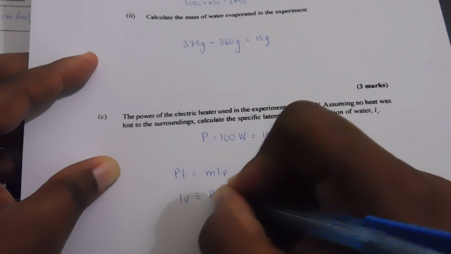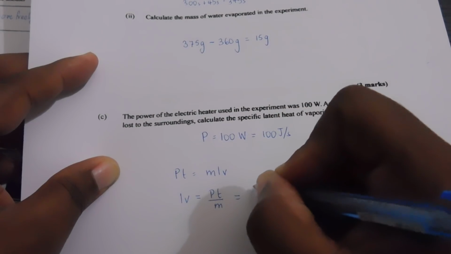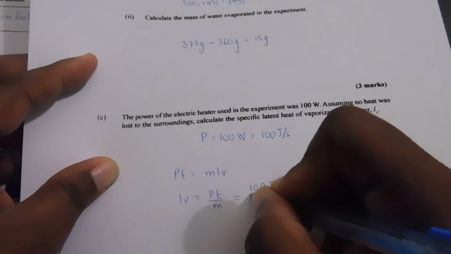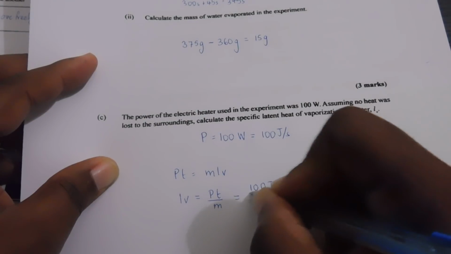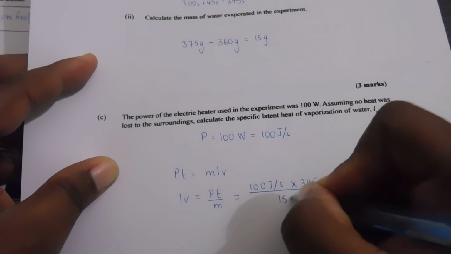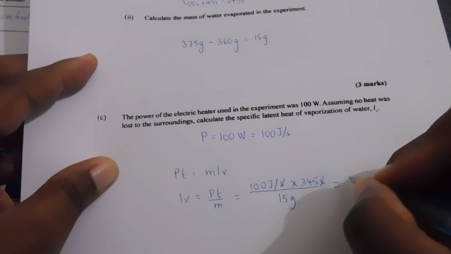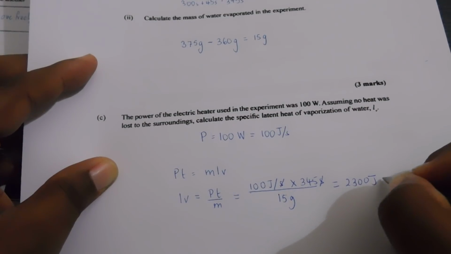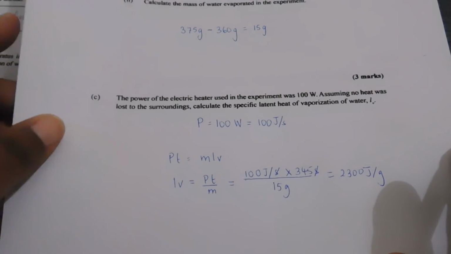So therefore Lv will be equal to Pt over m. And we just stick in the stuff: 100 joules per second times 345 seconds over 15 grams. If you calculate correctly, you will get 2300 joules per gram. And that's my answer. Hope you got it too.